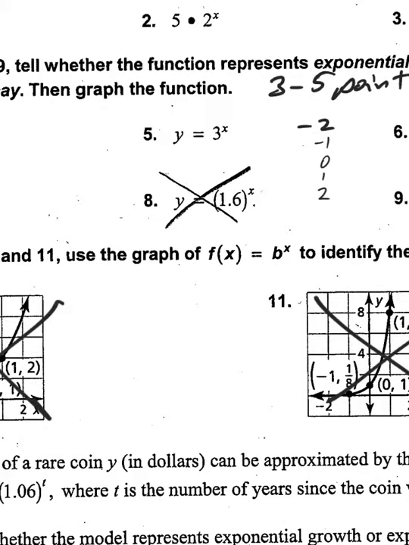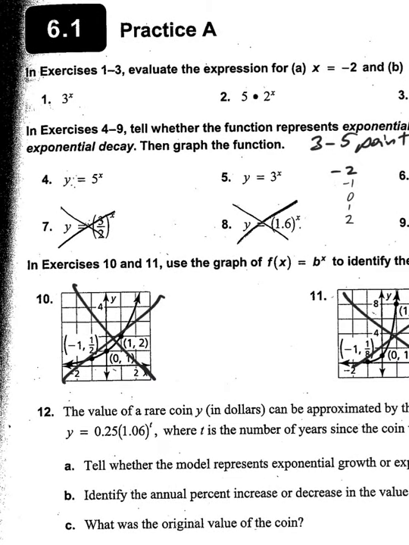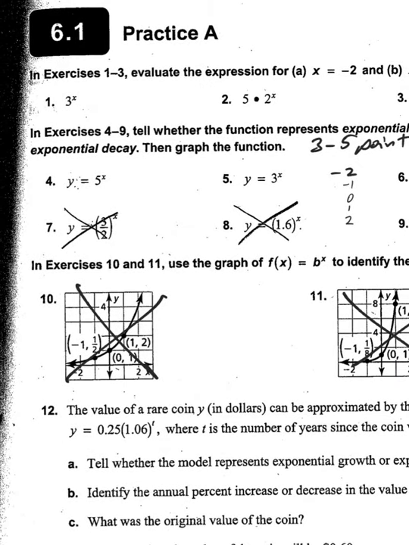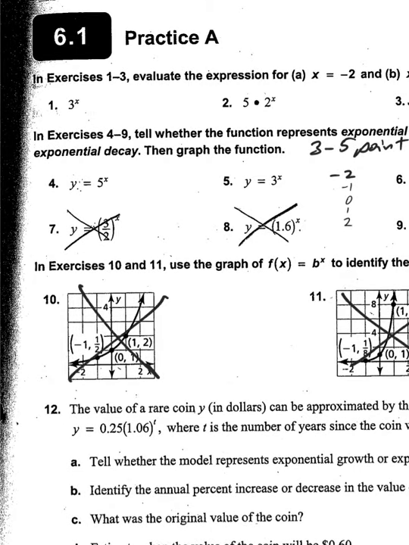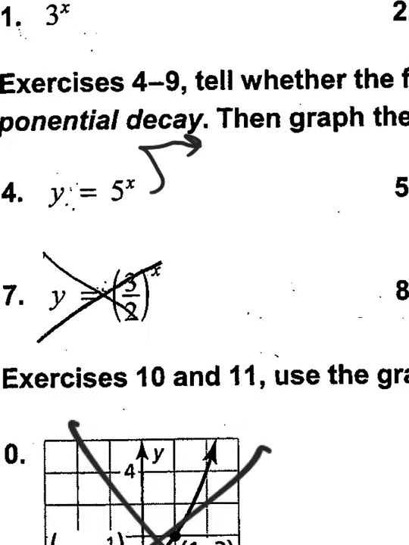Are there any questions about how to graph these? Do you understand what I mean when I say plug in a couple points? I mean, this one here, for instance, number four, the points on this one can get kind of crazy at -2 and 2, but at least you can do 1, 0, and -1.